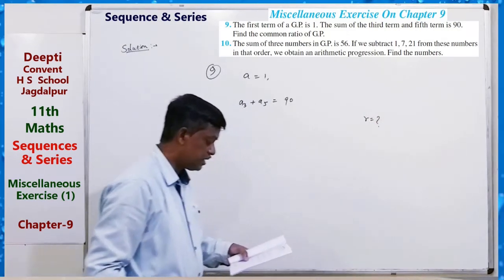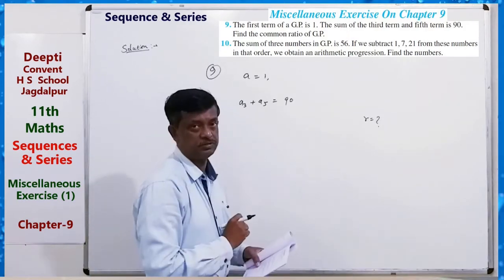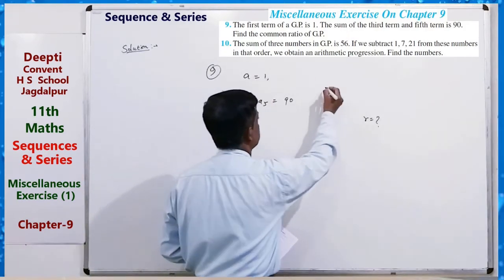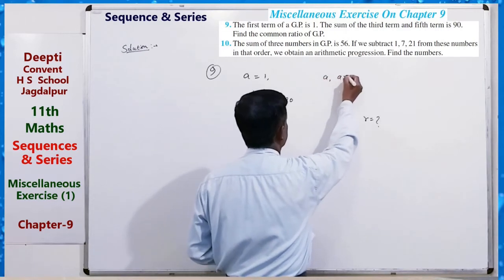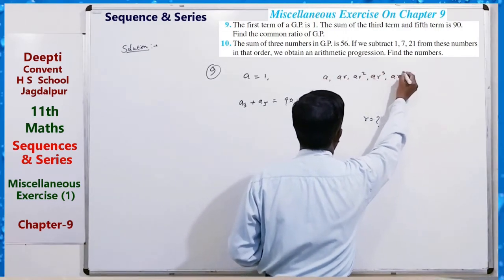Okay. So if R is the common ratio and the first term is A, then the terms are A, AR, AR square, AR cube, AR power 4.